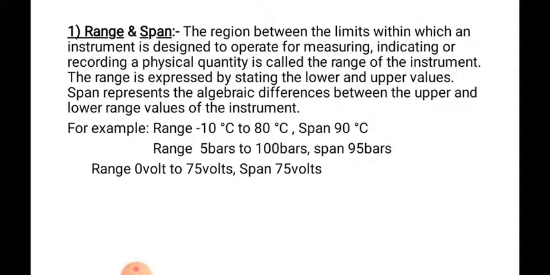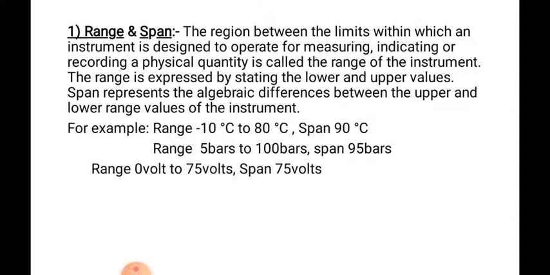Here a few examples are given. The range of pressure measurement is 5 bar to 100 bar. The range of a voltmeter is 0 volt to 75 volt. A thermometer is minus 10 degrees Celsius to 80 degrees Celsius.